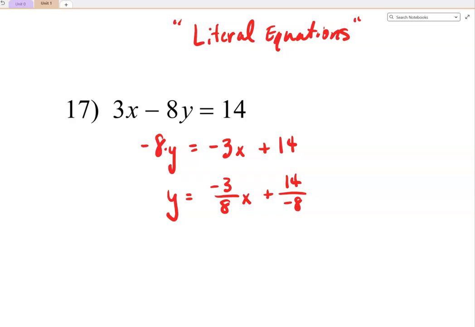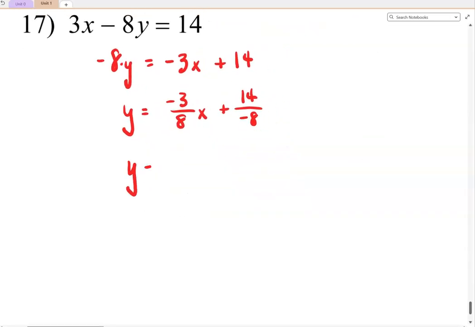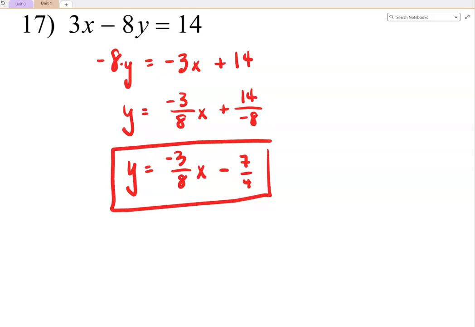This looks okay, but let's not forget we should simplify whenever possible. And the fraction -3/8 is already simplified. It's been reduced as far as it can go. But in the second fraction, we have a common factor of 2. So if I divide both of those by 2, I have 7/4. And the fact that we've got a positive 14 and a -8 returns us a negative result. So I'll go ahead and call this minus 7/4.